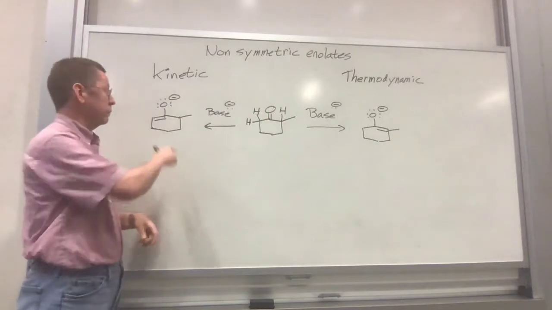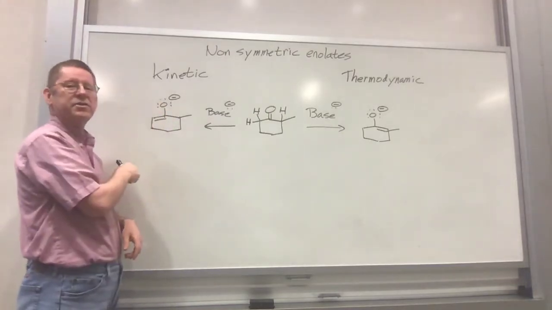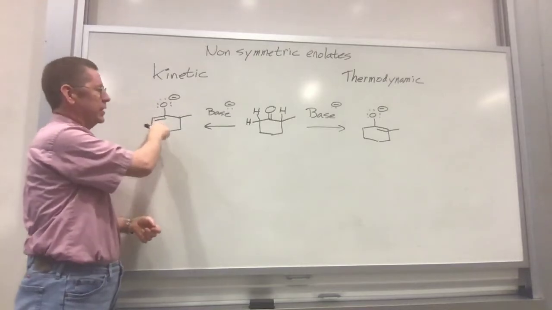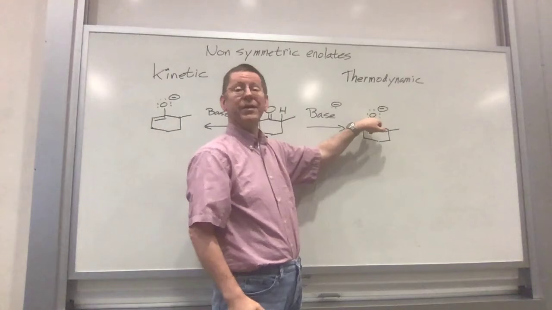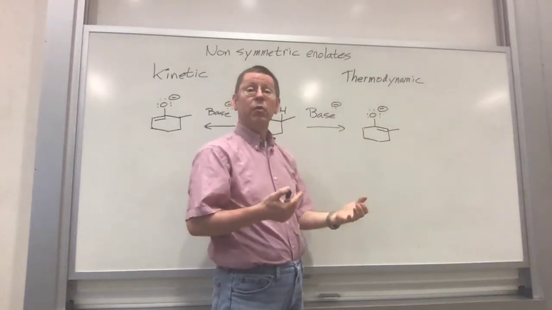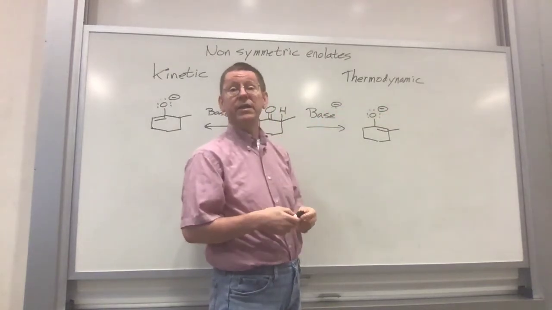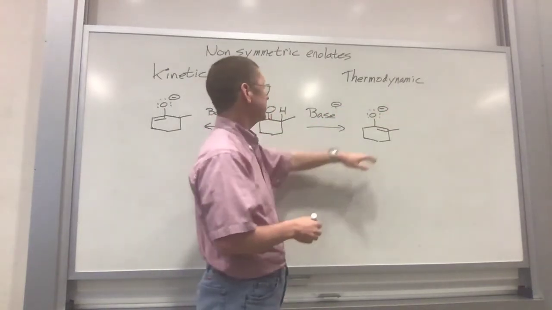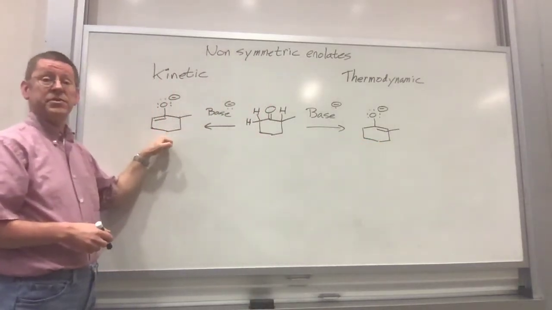Well, here I have a 1, 2, counting the oxygen, 3, a tri-substituted alkene. Here I've got a 1, 2, 3, counting the oxygen, 4, a tetra-substituted alkene. The more substituted option should be more stable, and indeed it is. So our more stable enolate is the thermodynamic one, and the other is the faster-to-form enolate.